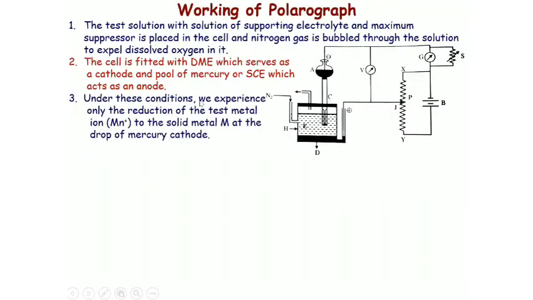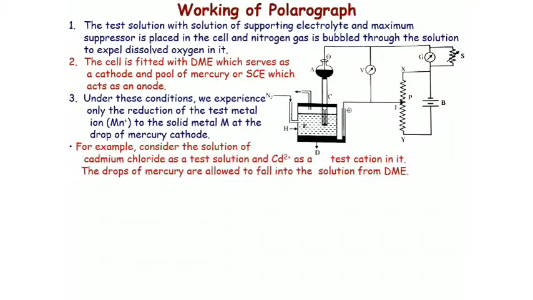And here the pool of mercury or standard calomel electrode acts as an anode. Under these conditions, we experience only the reduction of the metal ion to the solid metal at the drop of mercury. The metal ions present in the solution get reduced at the drop of mercury to form solid metal. Here we consider one example.